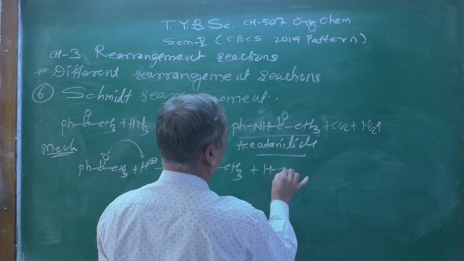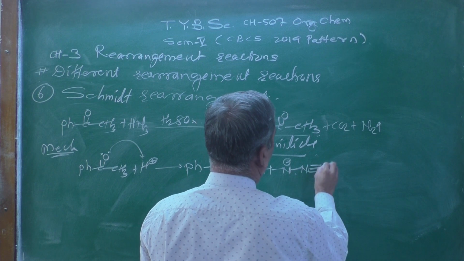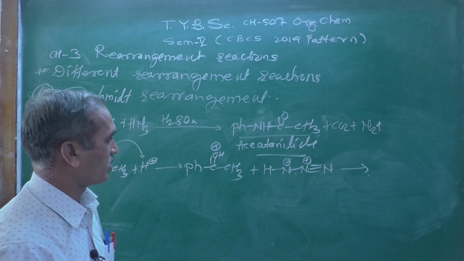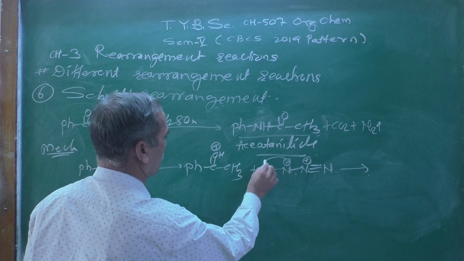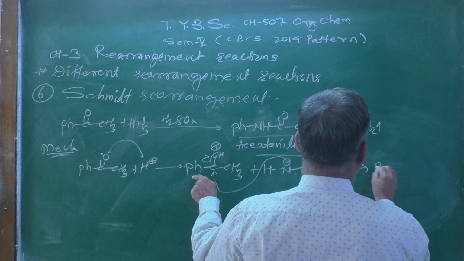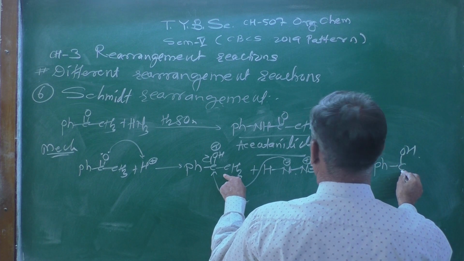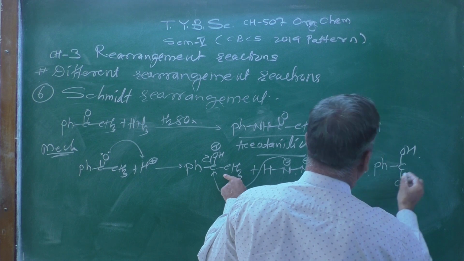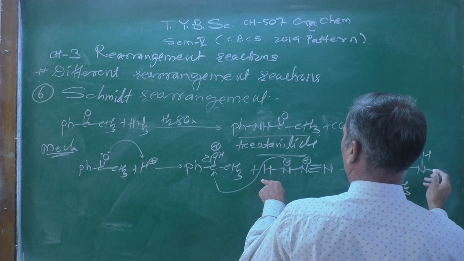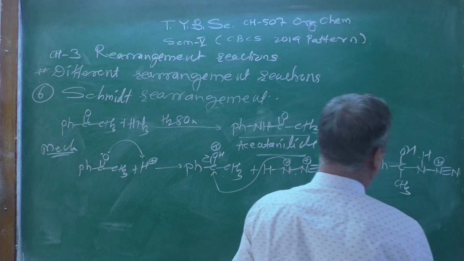This will be treated with hydrazoic acid, and as we know, hydrazoic acid is represented by this formula, and this nucleophile is going to attack over there, and you will be getting Ph, then C-OH, CH3, then NH, then N triple bond N positive charge over here.